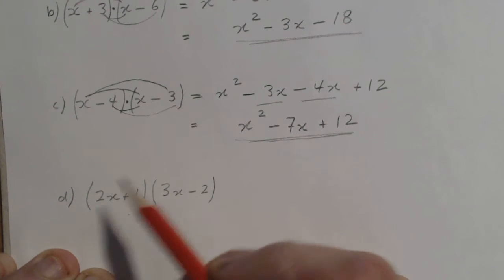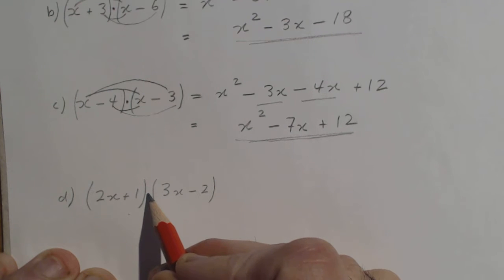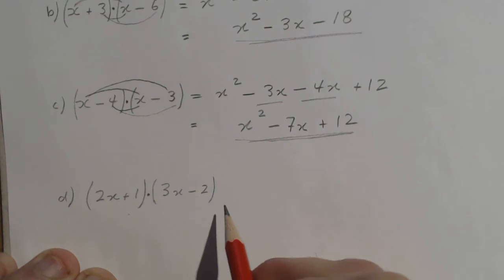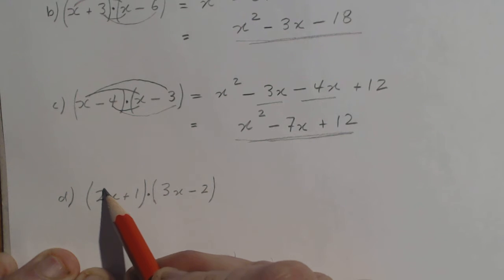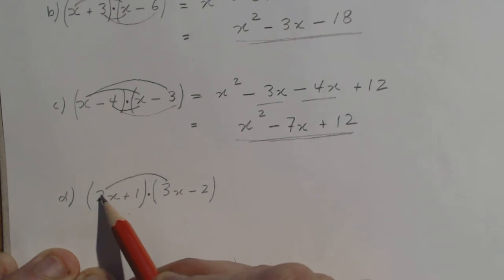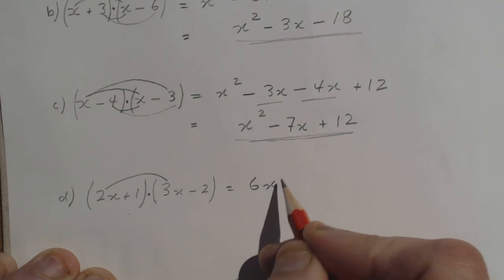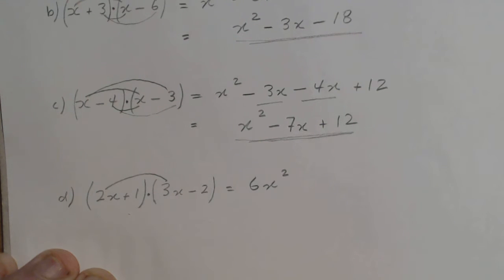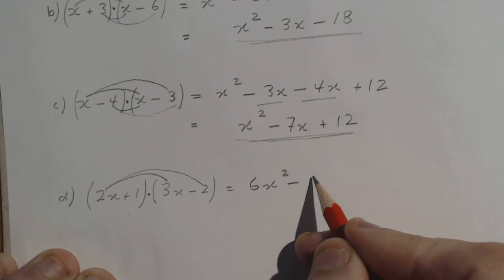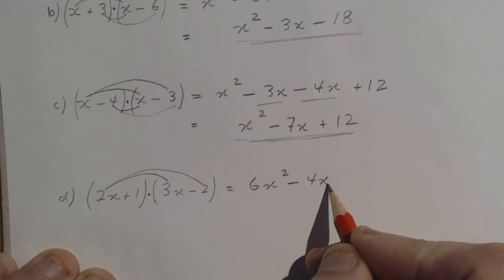Number D, again we follow the same procedure. We've got 2x plus 1 times 3x minus 2. We've got 2x times 3x. 2 times 3 gives 6. x times x gives x squared. Now I do 2x times minus 2 gives minus 4x.